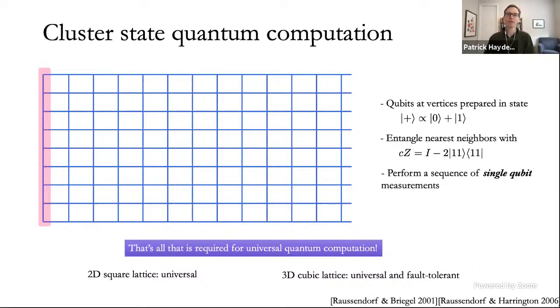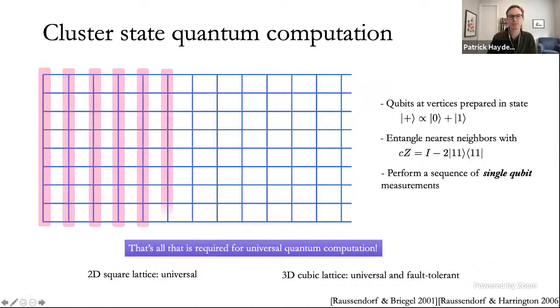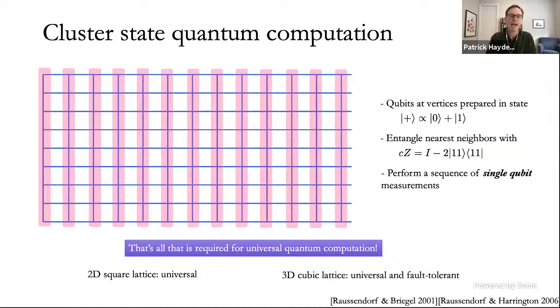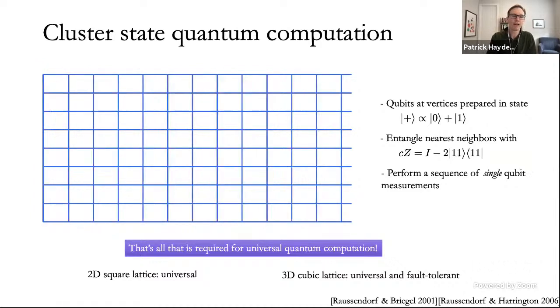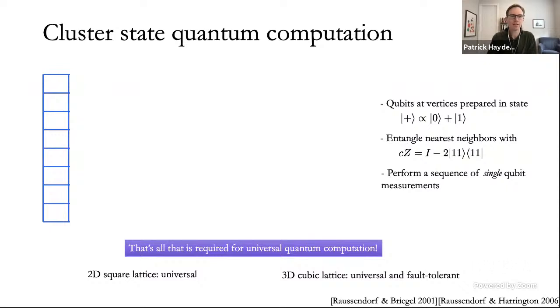Okay, so we can measure column by column. We measure the first column, then the second column, third, and so on like this. And once you've realized that you can do that, then you realize that it's not actually necessary to have the entire cluster state prepared all at once.